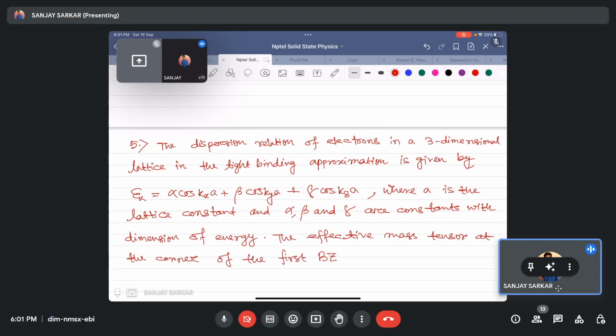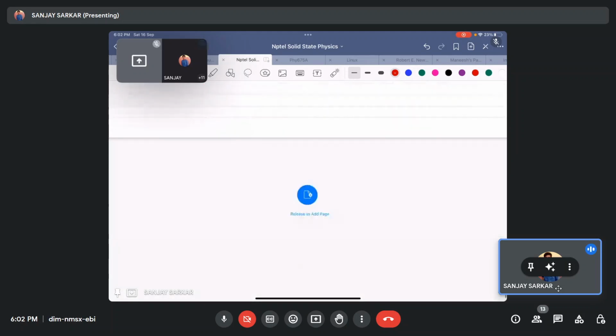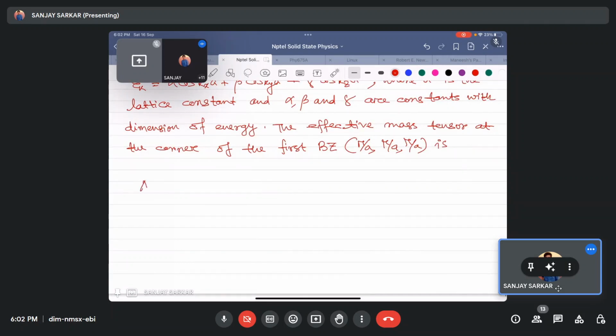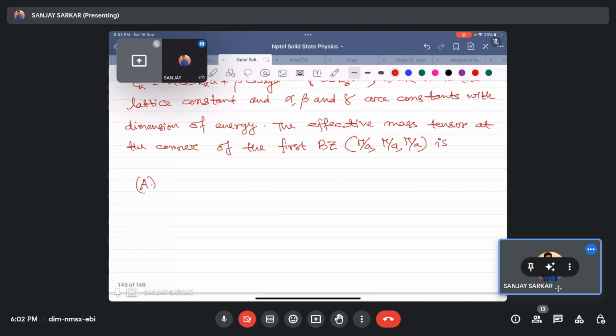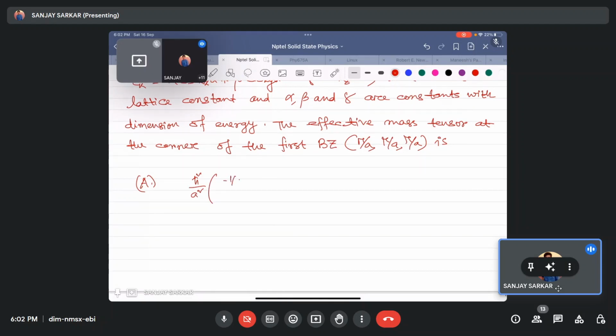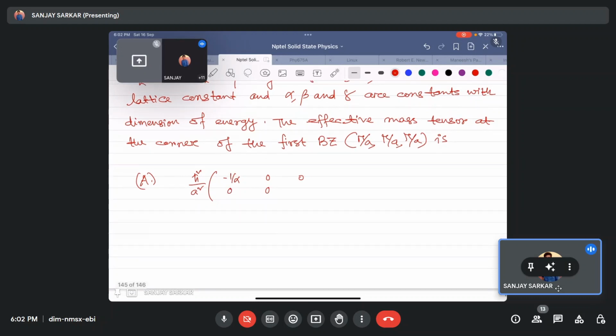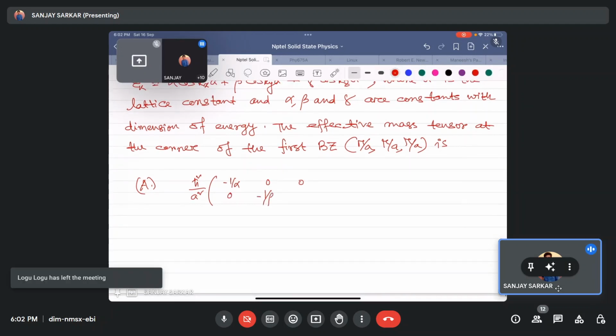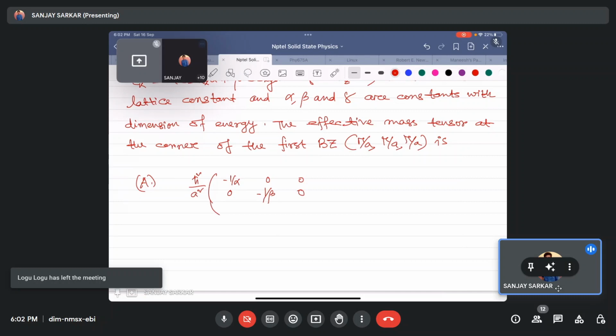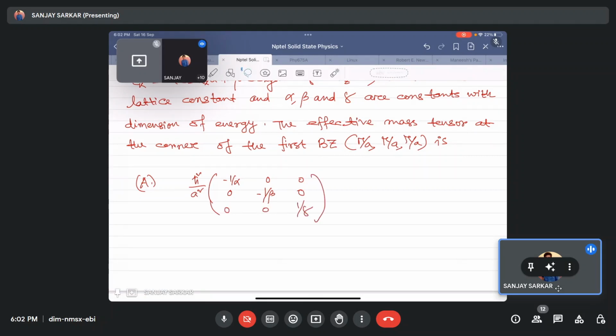So BZ means Brillouin zone, that is you need to calculate it at pi by a and pi by a, which is given by, so there are 4 options also. A is h bar square by a square minus 1 by alpha, 0, minus 1 by beta, 0, then 1 by gamma. This is option A.